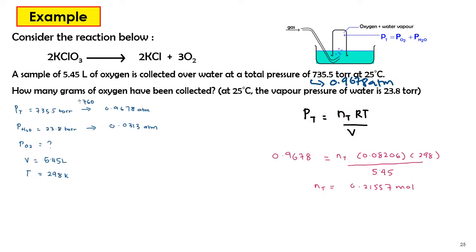By using this equation PV equals nRT, rearrange it to find the total mole. You will get 0.21557 mole.